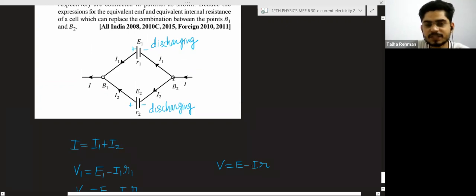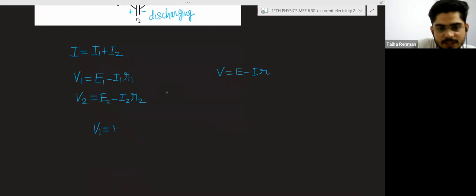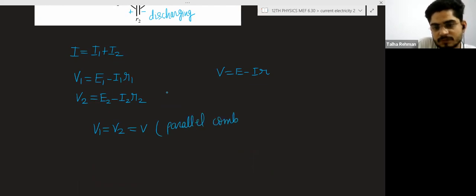In parallel combination, the potential difference will remain the same. Means V1 is equal to V2 is equal to V. Both are the same because this is a parallel combination.